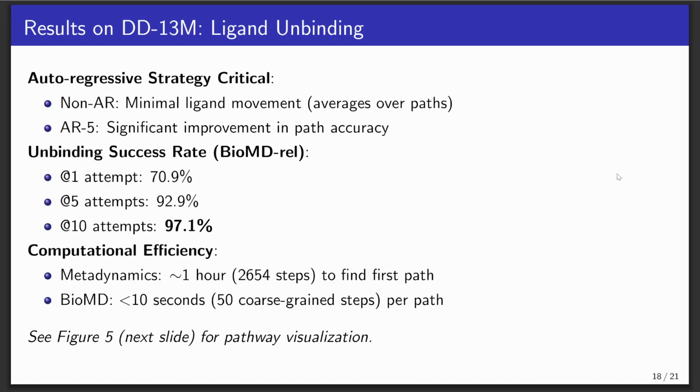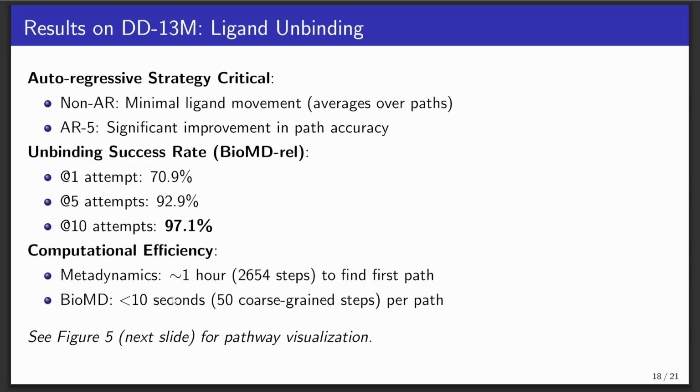So when measuring binding success rates, we can see it can almost predict all of the correct unbinding processes within 10 attempts. Also, it achieves significant computational efficiency.